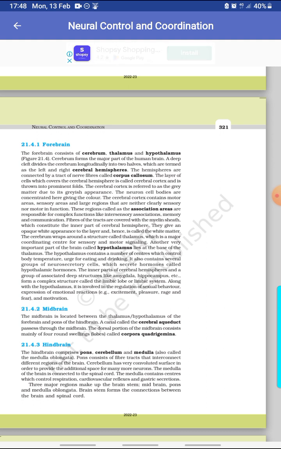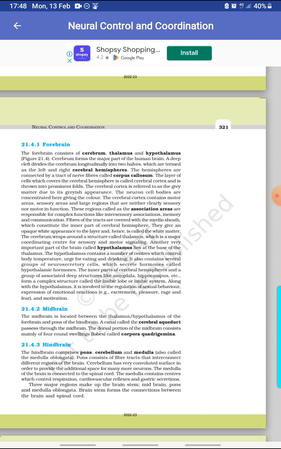The layer of cells which covers the cerebral hemisphere is called cerebral cortex and is thrown into prominent folds. The cerebral cortex is referred to as the grey matter due to its greyish appearance. The neuron cell bodies are concentrated here, giving rise to the color.